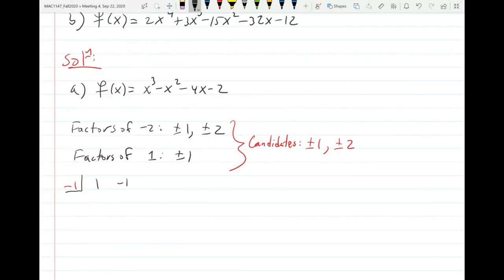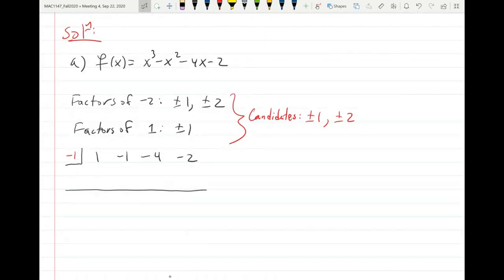The point is that synthetic division is fast, so you can do this setup. This setup, you don't have to do light. You do it dark because this is always fixed. Now, what you write light is this. I'm going to try -1. What I do in red is what you should do very light, because if it doesn't work, you just erase that and reuse the same little table. So let's begin.